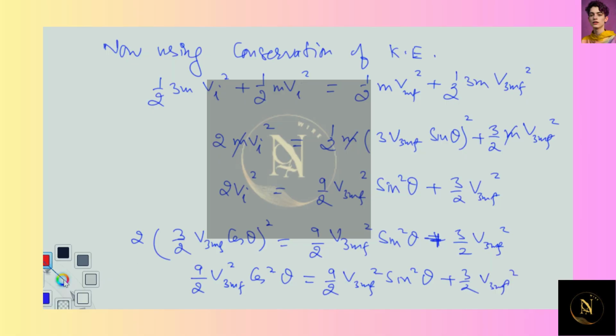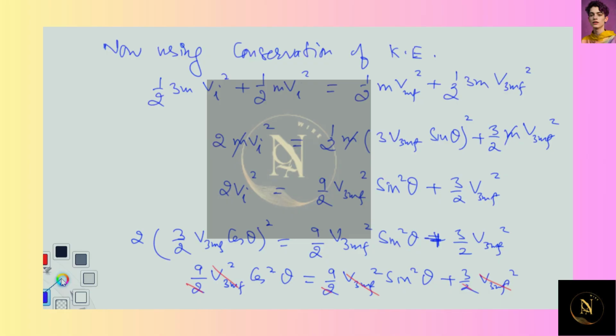Again we can cancel v3mf square from both sides after taking it common from the right hand side, and even cancel the 2 in the denominator also.